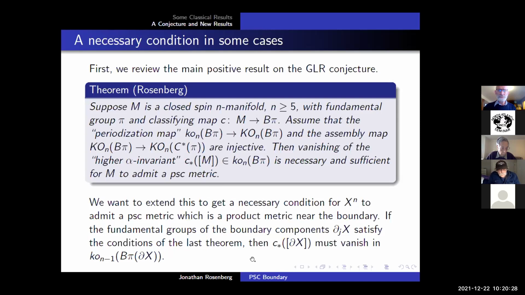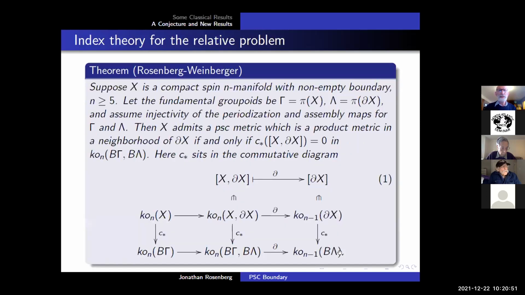So, this statement over here at least gives us a necessary condition, but that's not enough. I mean, so far this is only looking at the boundary, it's not looking at X at all. So we would like something better than that. And here's what we have to do. So suppose you have a compact spin manifold with non-empty boundary. And we have these fundamental groupoids.